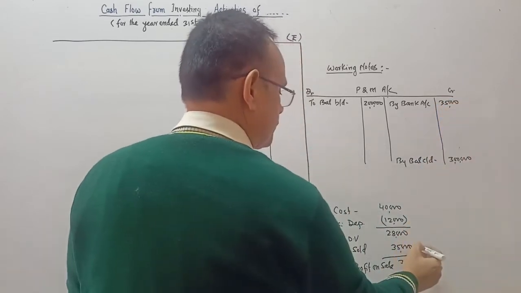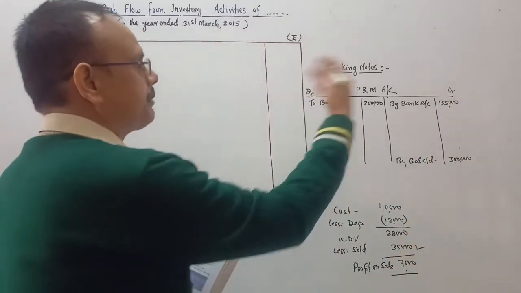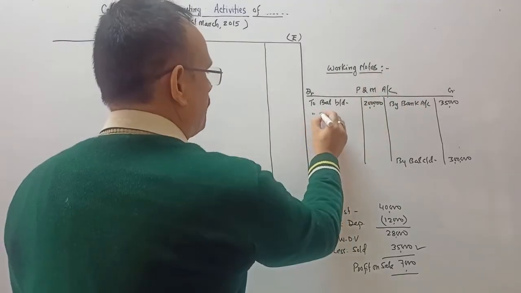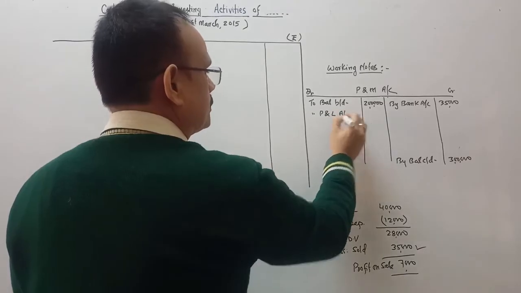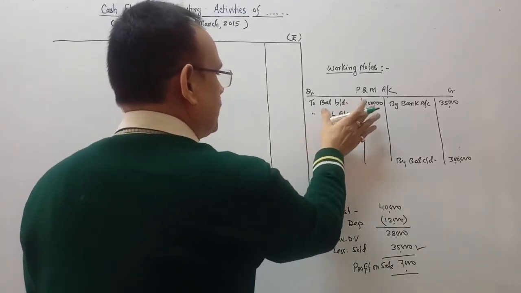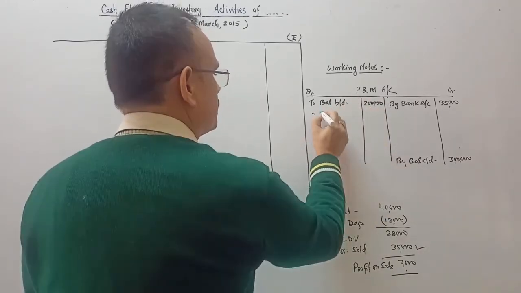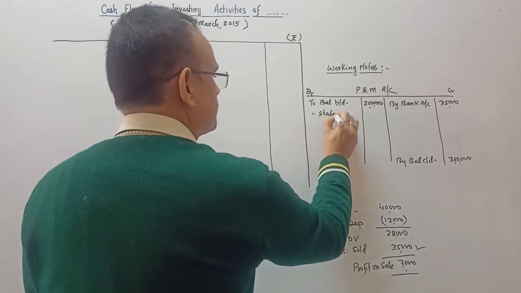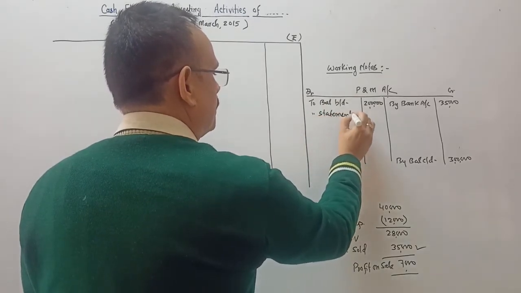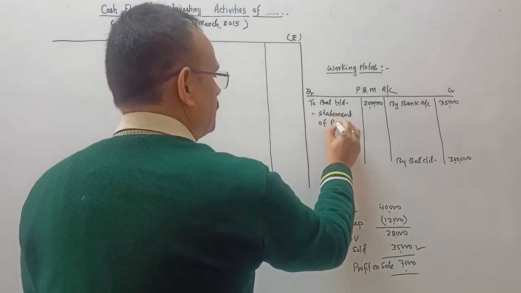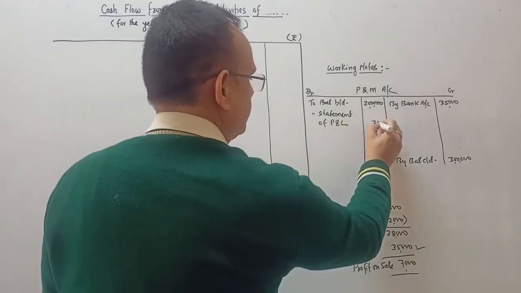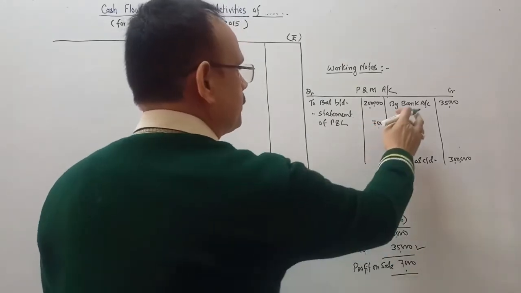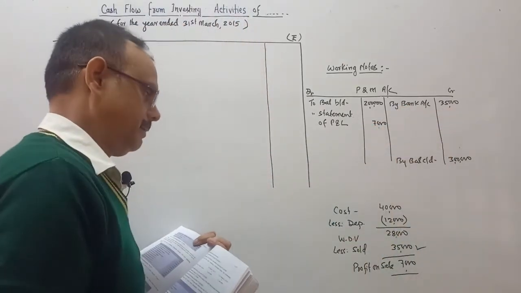This information I have posted on that side in plant and machinery, and the profit on sale we will write on this side to the statement of profit and loss. 7,000 is the profit. If there were a loss, then we would write by statement of profit and loss.